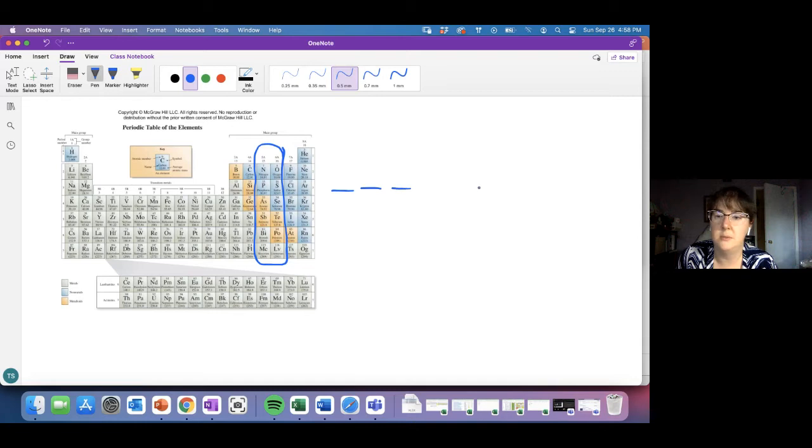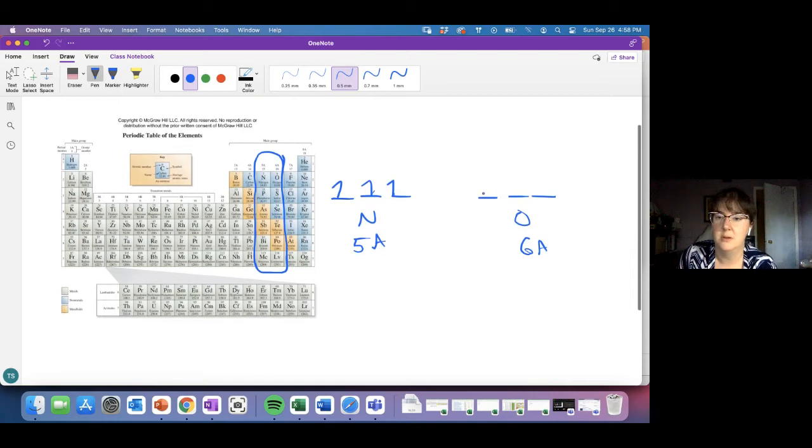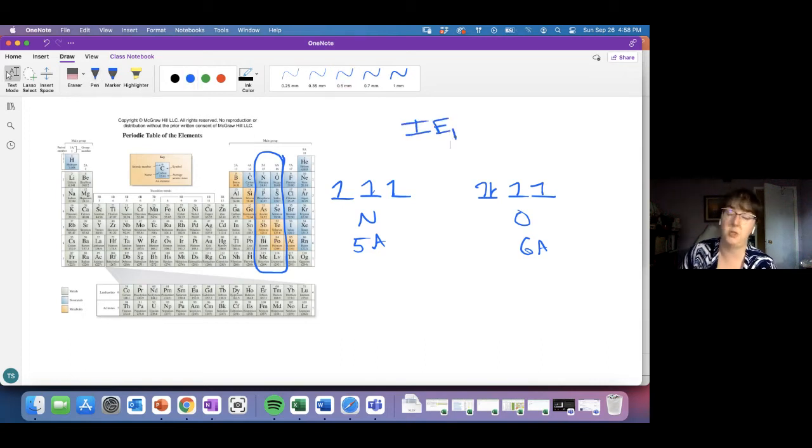Okay. So 1, 2, 3, 1, 2, 3, nitrogen, oxygen, 5A, 6A. 1, 2, 3. Good. 1, 2, 3, 4. So when we're talking about ionization energy, we're still talking about removing electrons. In this case, we are still back on first ionization energy.